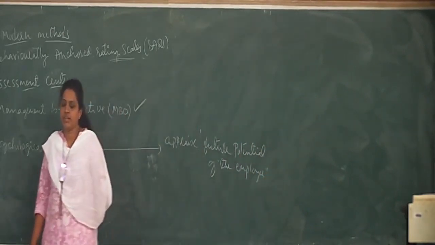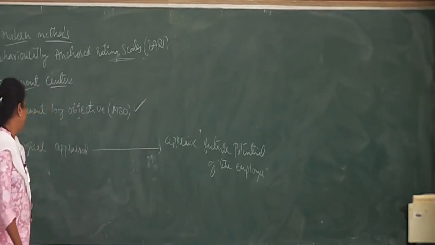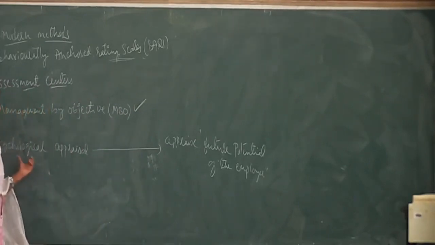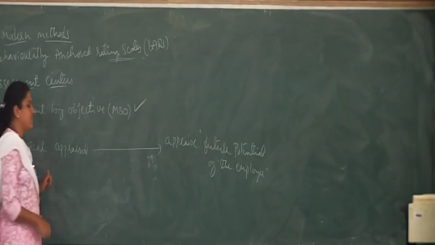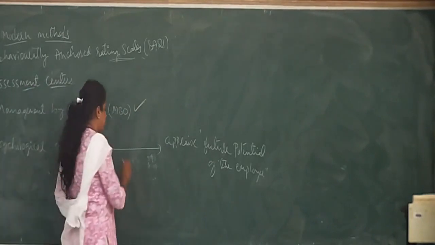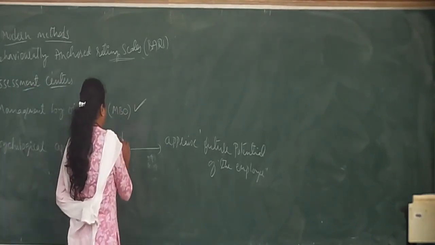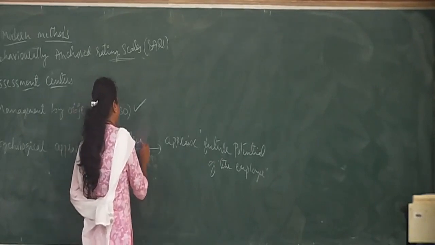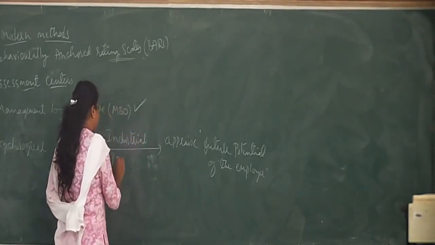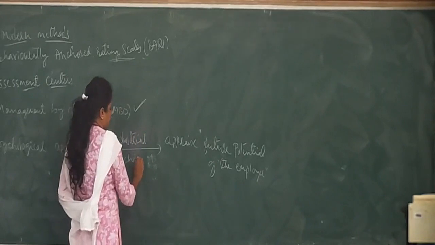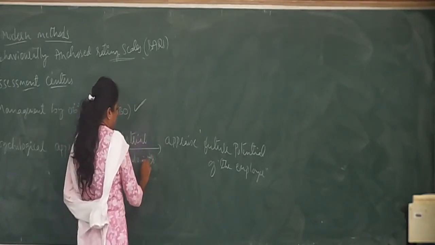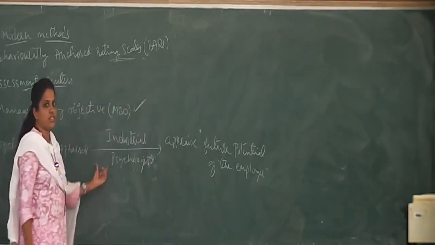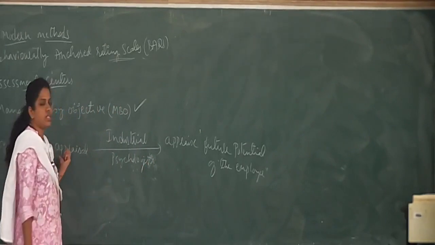Who will be the rater? Who will be doing it? Here there are a set of people who are called industrial psychologists. These are the set of people who are going to do this psychological appraisal.